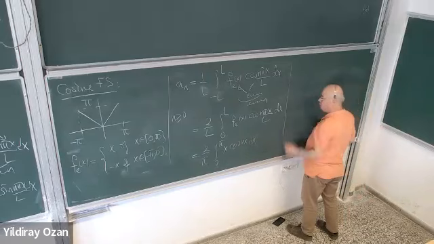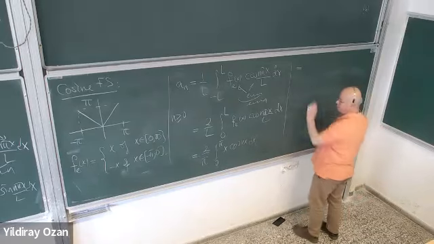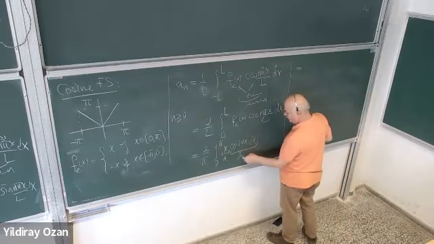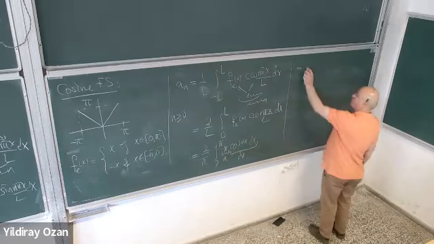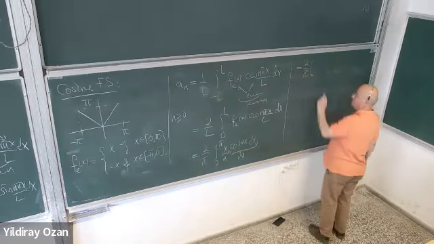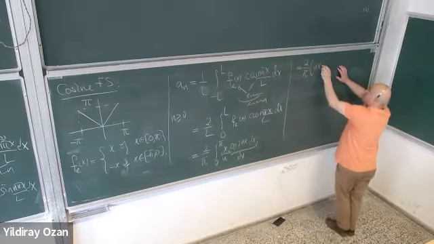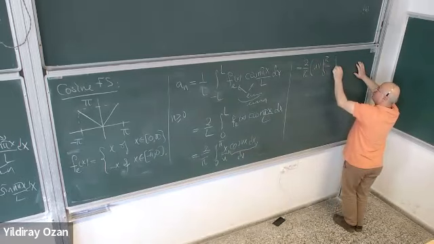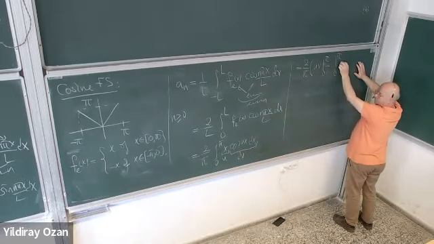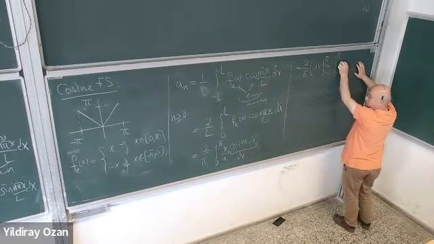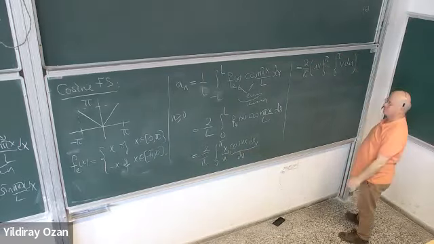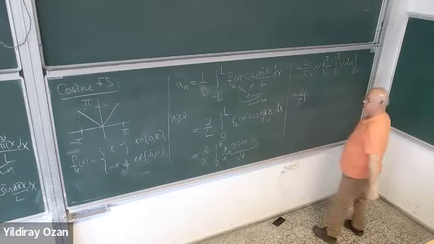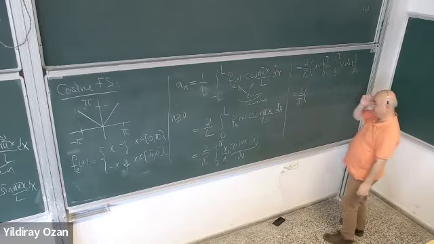Okay, and then we use integration by parts again. Let's say this is u as usual, this is dv. So we have 2 over pi, and then uv from 0 to pi, minus the integral from 0 to pi of v du. U is just x.